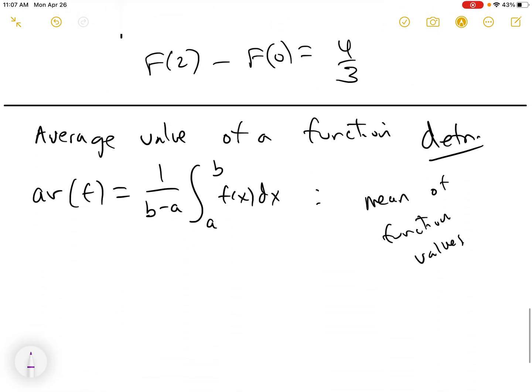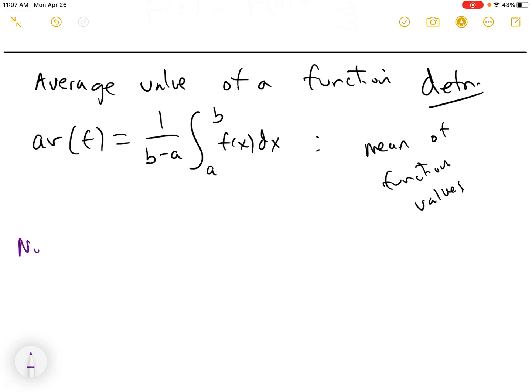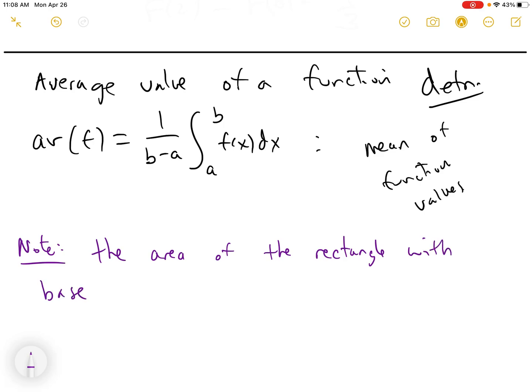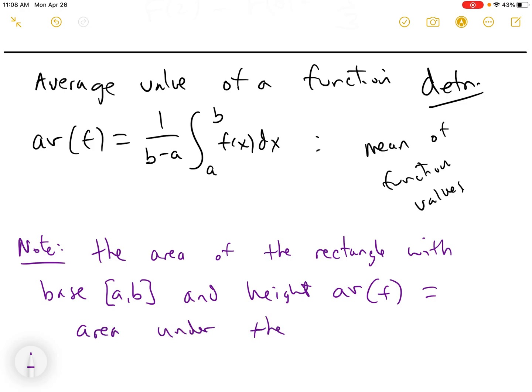Okay. So this is a note: the area of the rectangle with base AB and height the average value of f equals the area under the curve of f over AB.